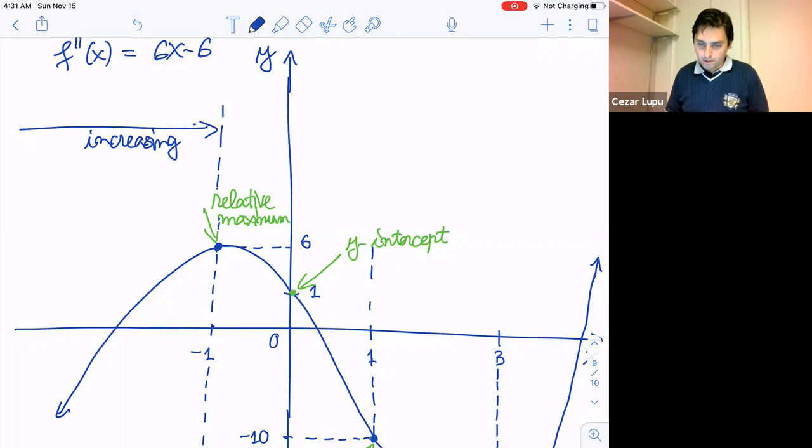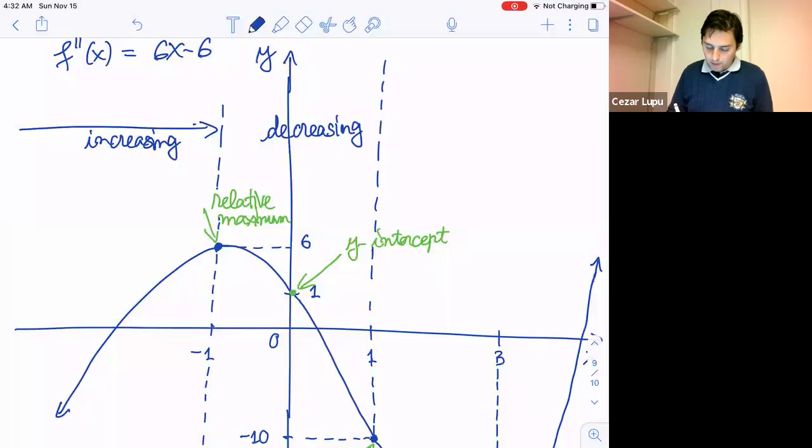Then this portion here will be decreasing. But all the way from here to here will be concave down, right?